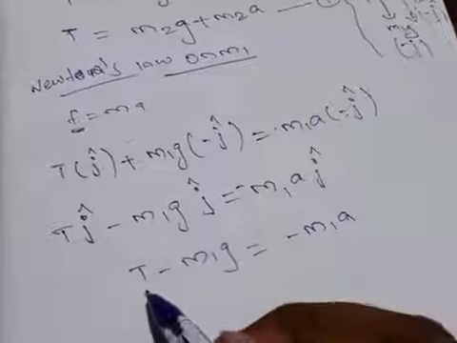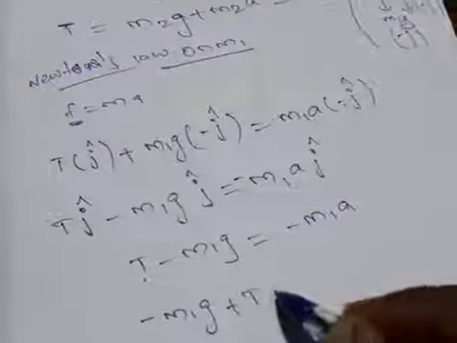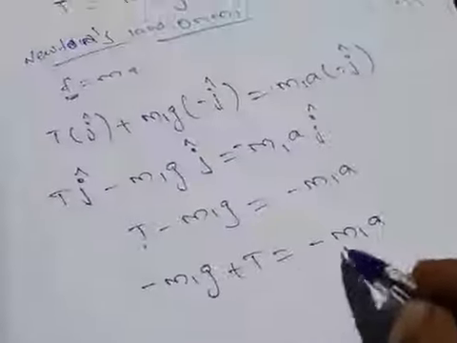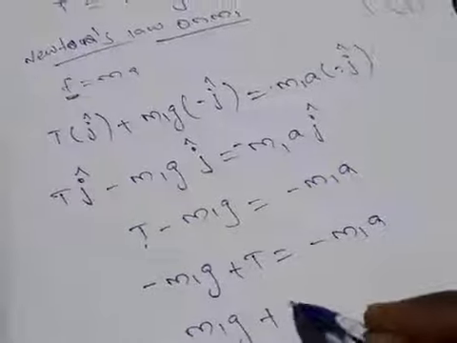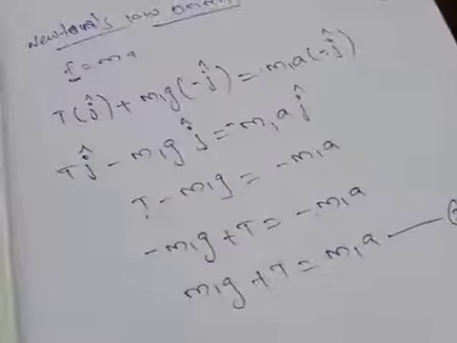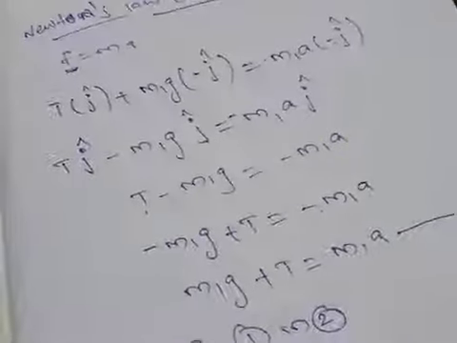Here we need to find this, so we can rearrange this equation. So minus M1 g plus T is equal to minus M1 a. If we multiply by minus, then we can change this sign. For that we are doing, so M1 g minus T is equal to M1 a. This is equation 2. Now what you have to do is substitute 1 in 2.